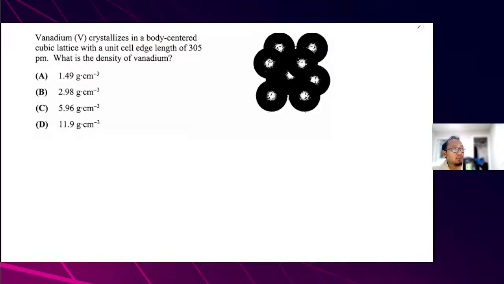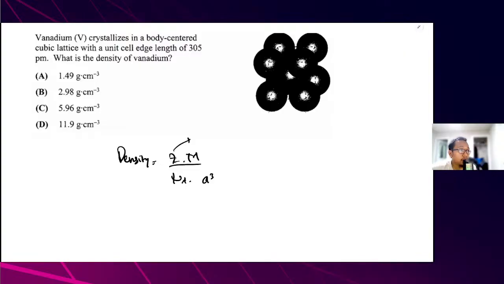Okay, so this question is talking about the density of a unit cell. So we need to use the density formula: density equals Z times M divided by Na times a cubed.